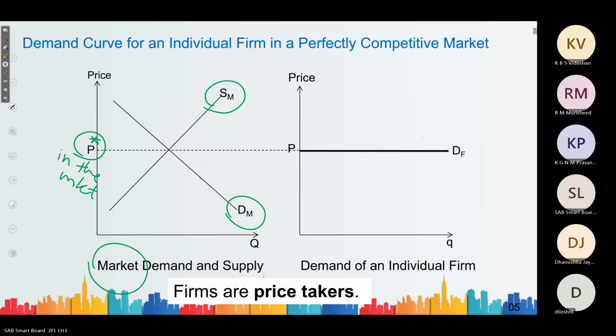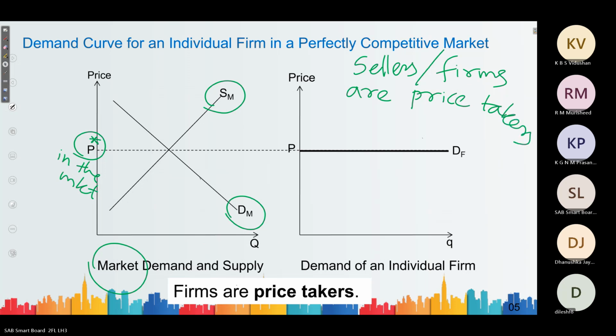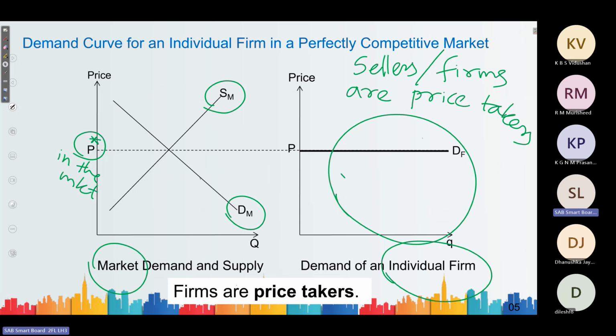In the market, as we learned before, sellers or firms are price takers. Since this is about only one single firm in the market, since there are a large number of firms in the market, this individual firm may not be able to influence the market price.